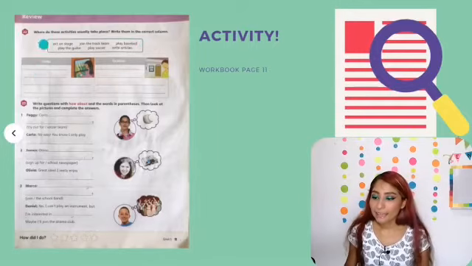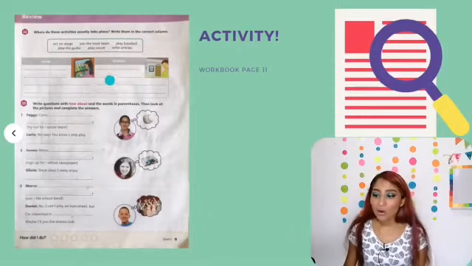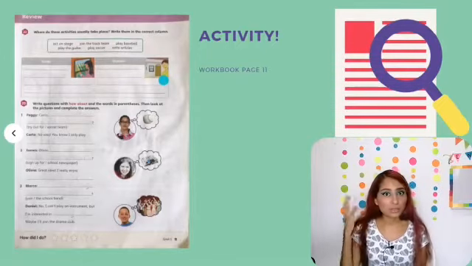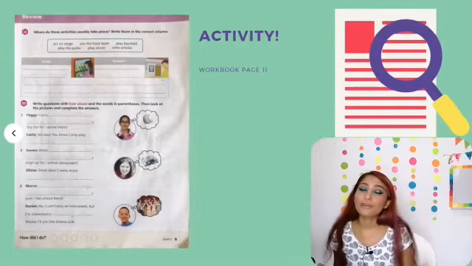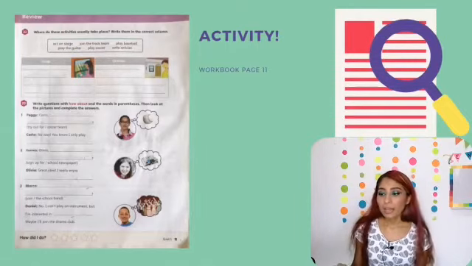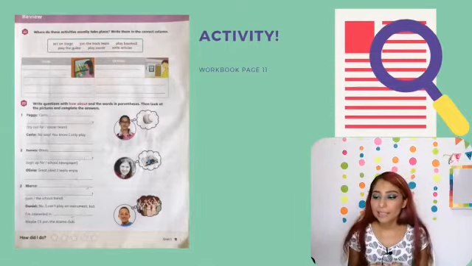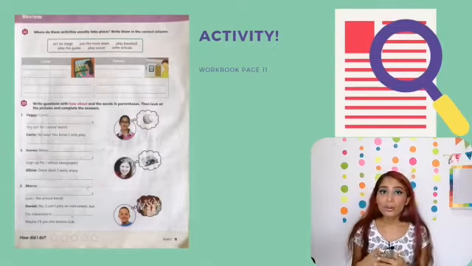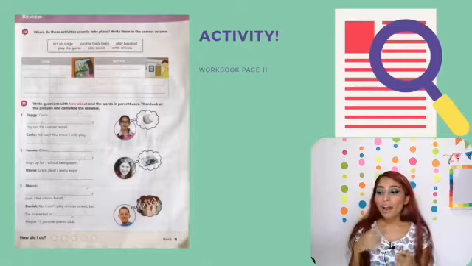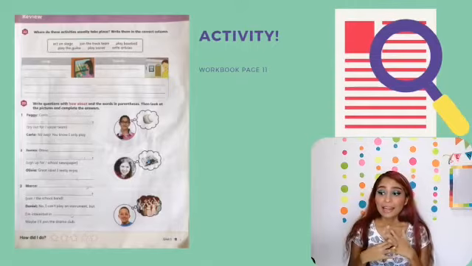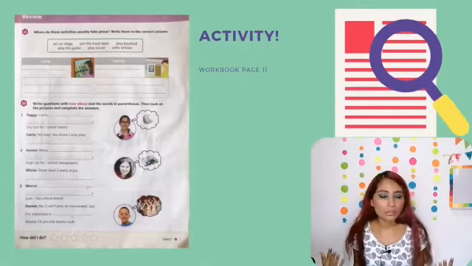And this chart says inside or outside. So you are only going to place them. It's super easy. If you don't know what inside or outside means, you can find it on the internet. Inside means the activities that you can do at home or at school, and outside are the activities that you can do at the park or at a stadium, for example, sports.